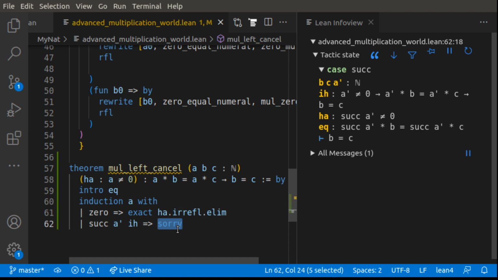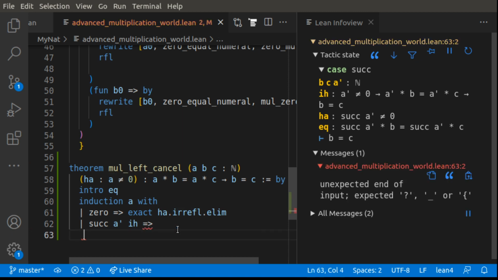Let's think here. What's going on? We have our inductive hypothesis: A prime does not equal 0 implies A prime times B equals A prime times C implies B equals C, and our goal is B equals C. So we need to somehow get A prime does not equal 0, and we have HA, which is successor of A prime doesn't equal 0.